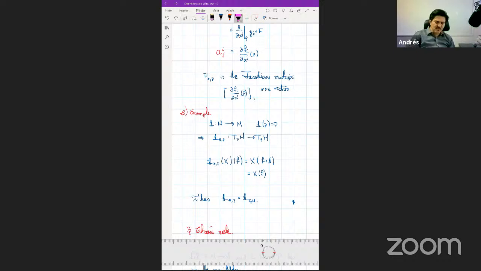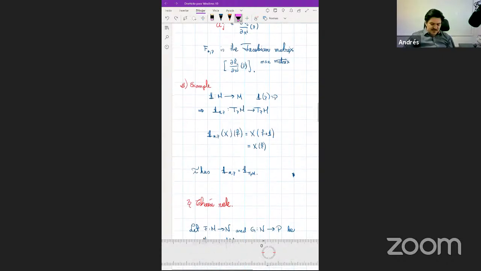So, do you remember what is the chain rule in this context of multivariable calculus? Okay, so what we will get now is exactly the same that you get on multivariable calculus regarding the chain rule.